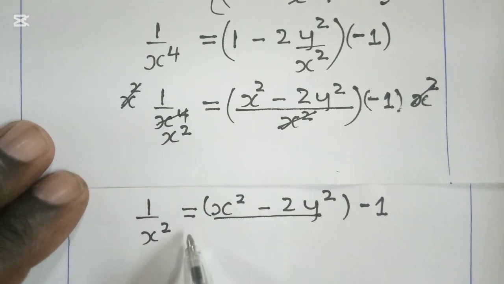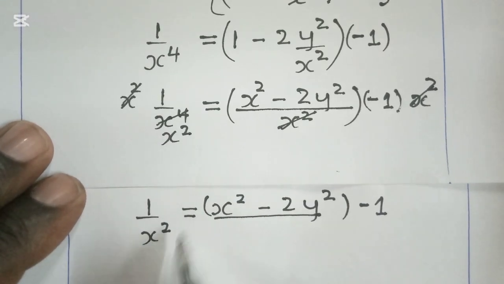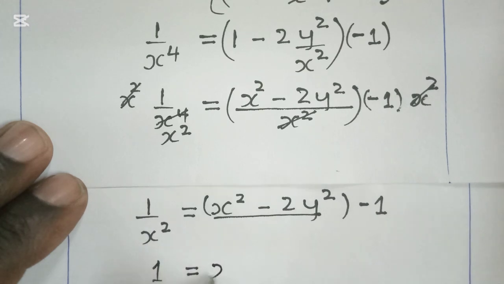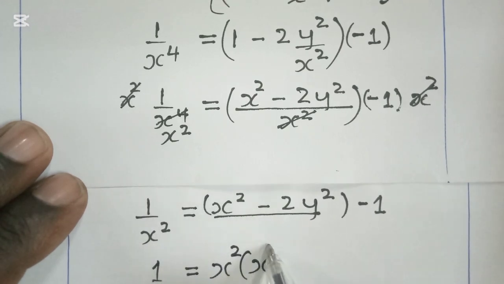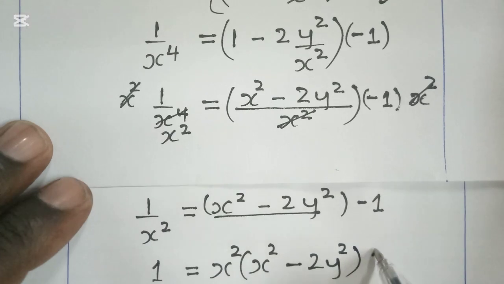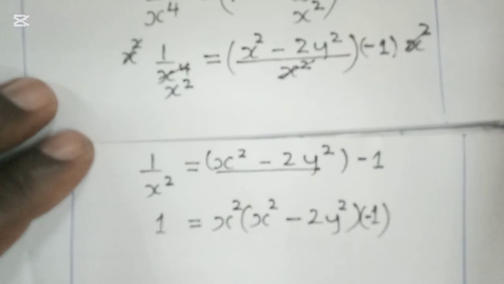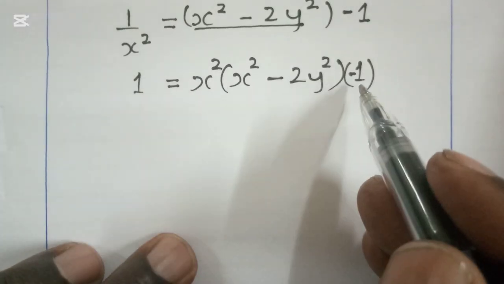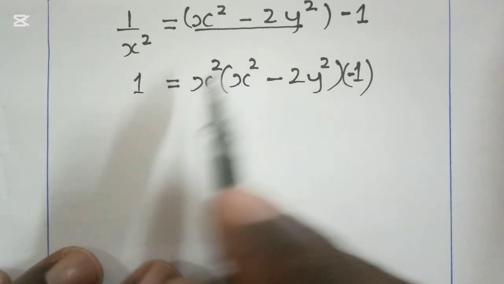We now can bring this x this side, so that we'll be left with 1 here. This is equal now to x squared multiplied by x squared once again minus 2y squared, and then this one is also multiplied by negative 1. And so from there I can now multiply this negative 1 with all this.